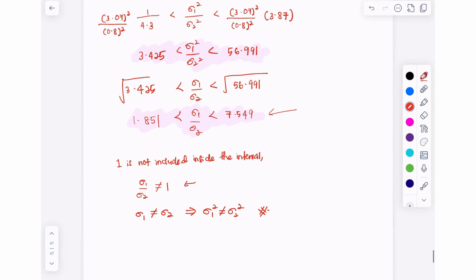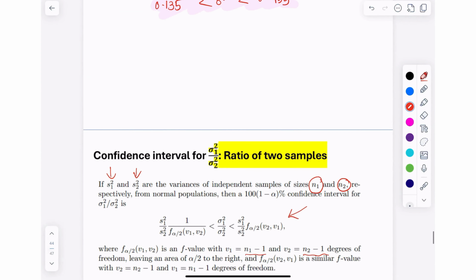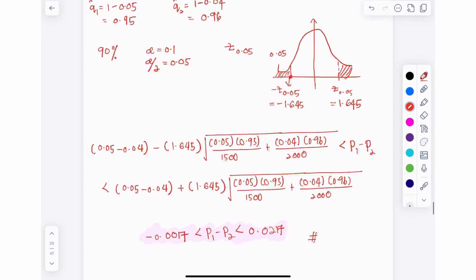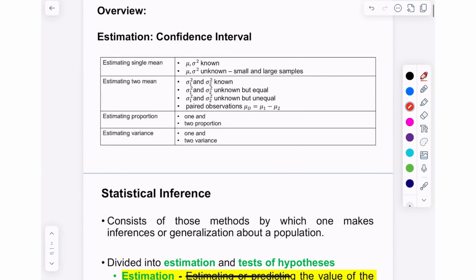From this chapter, in total how many confidence intervals do we have? We have 3 confidence intervals for estimating single means, and 4 for estimating 2 means, 2 here and 2.